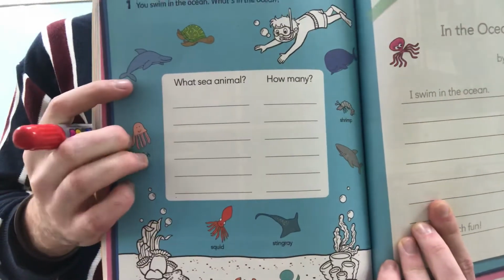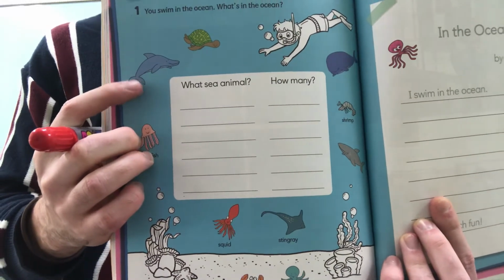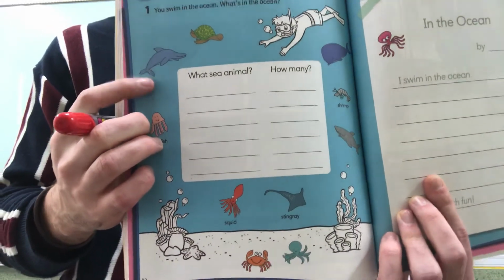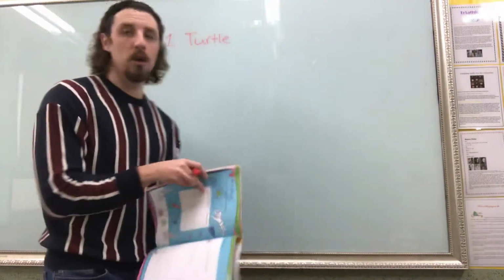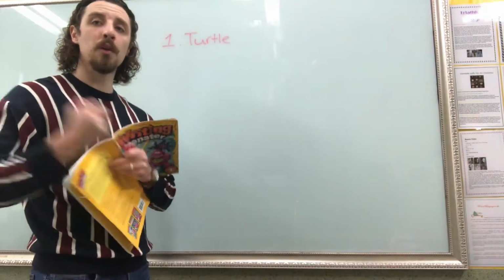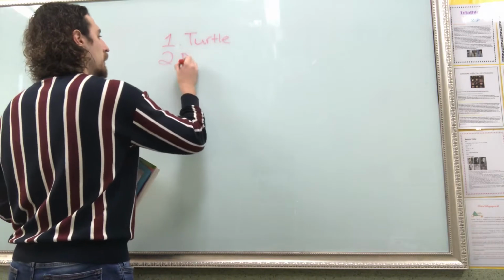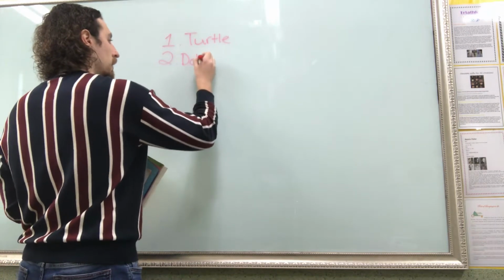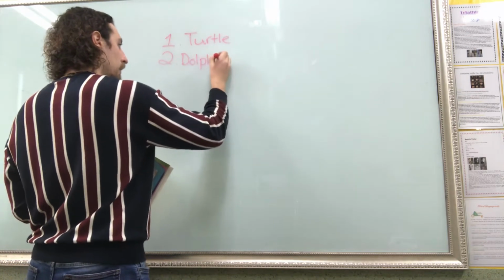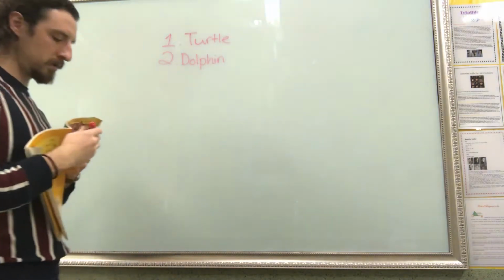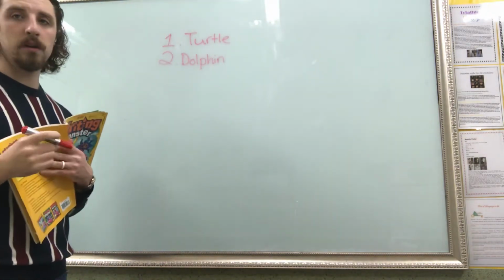There is also a dolphin. A dolphin, okay? That is a dolphin. So, number 2, let's write dolphin. Okay?